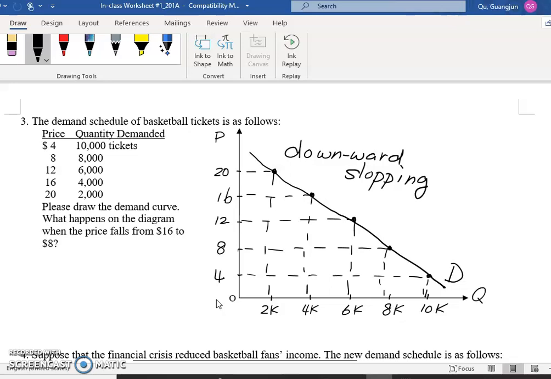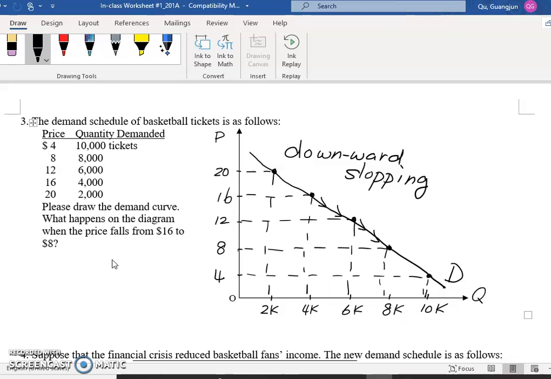Now, the question says, what happens on the diagram if the price falls from $16 to $8? When the price is $16, we stay here. When the price goes down, we're going to move this way along the curve, all the way to $8 per ticket.